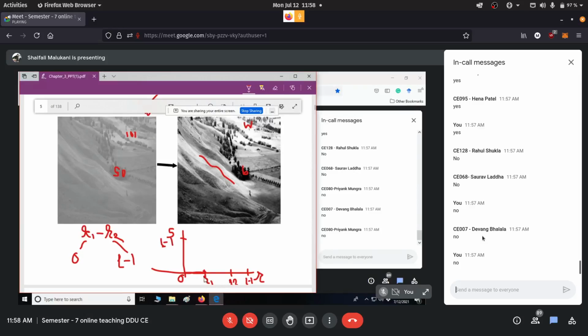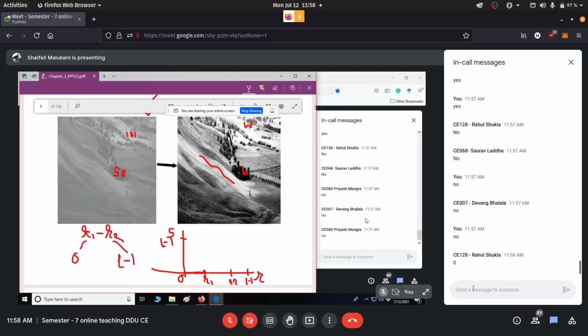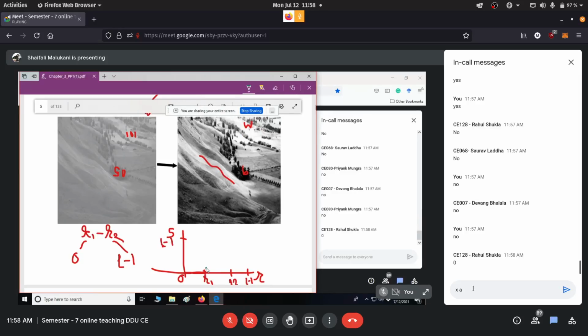Okay. Now what is my desire? R1 should get mapped to what value? As Priyank suggested, yes, R1 to 0. So that point will lie here itself. R1 is mapped to 0. What about R2?